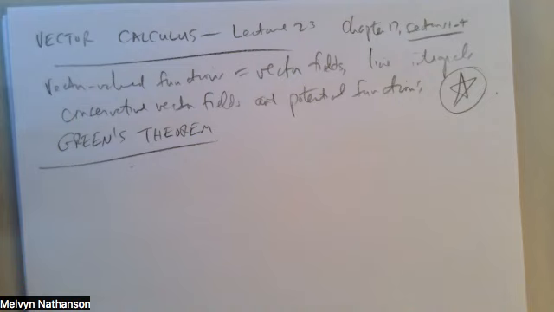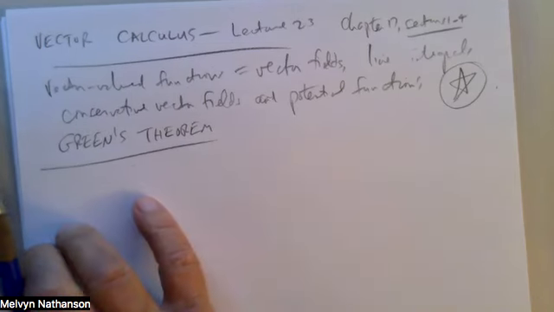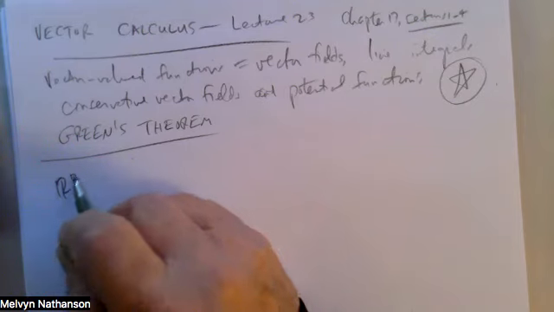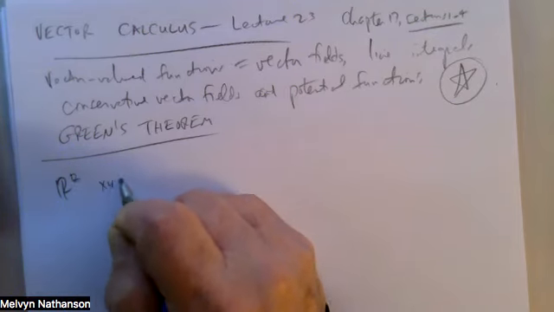So a vector field simply assigns a vector to every point in R2 or R3. And we're going to mostly look at R2, which is the XY plane.